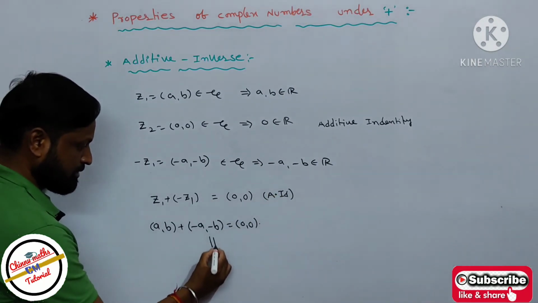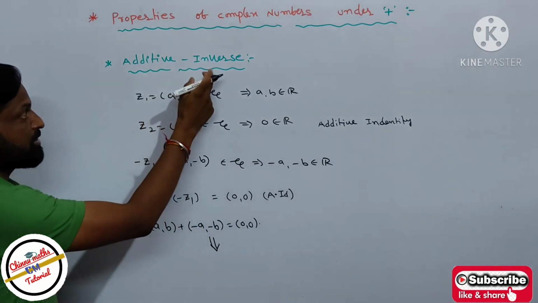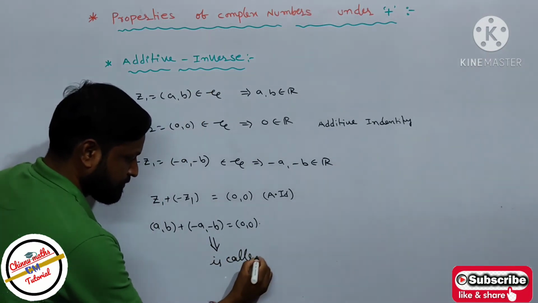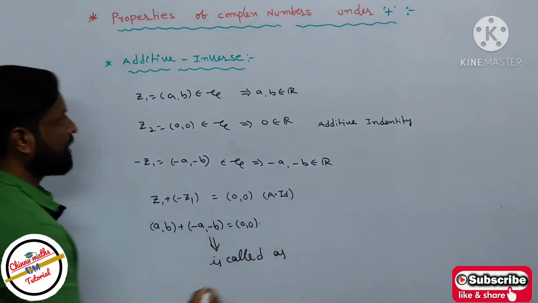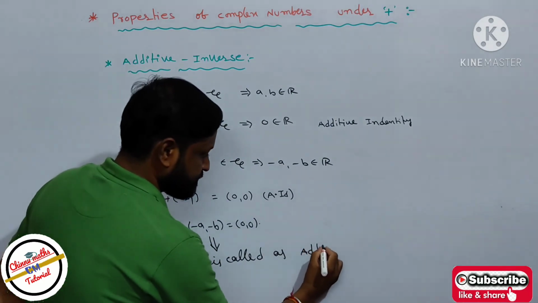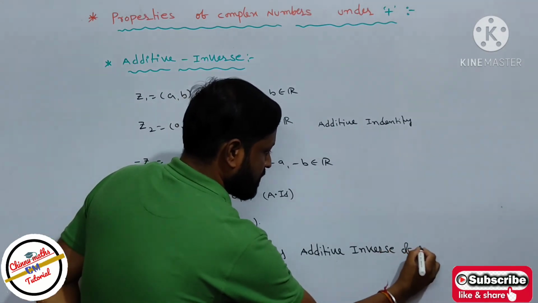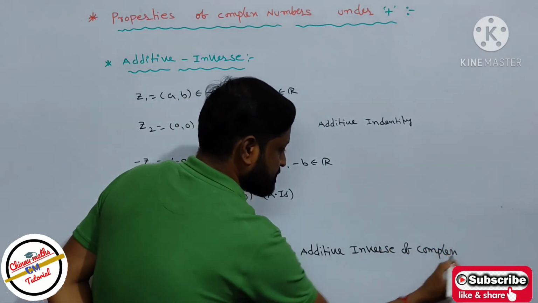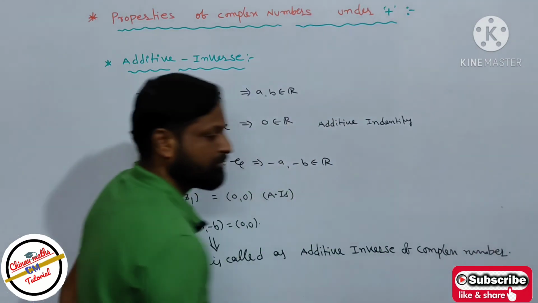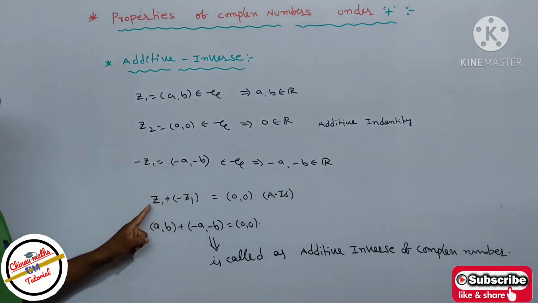Then this minus z1 is called the additive inverse of the complex number. So minus z1 is called the additive inverse of the complex number z1.